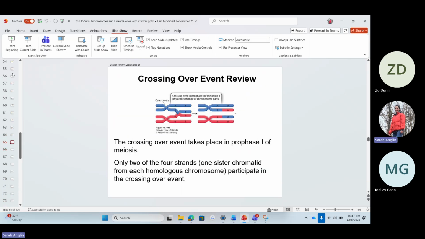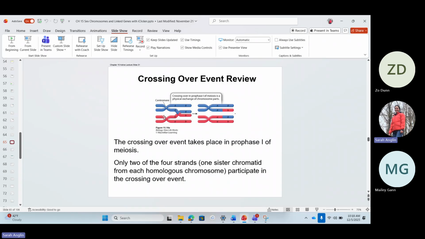So the crossing over event, here we see how it's taking place. This is where the crossing over event is taking place between 2 sister chromatids. Sorry, back up. These 2 here are sister chromatids, right? Because they are identical. However, once the crossover takes place, now they are no longer identical sister chromatids.